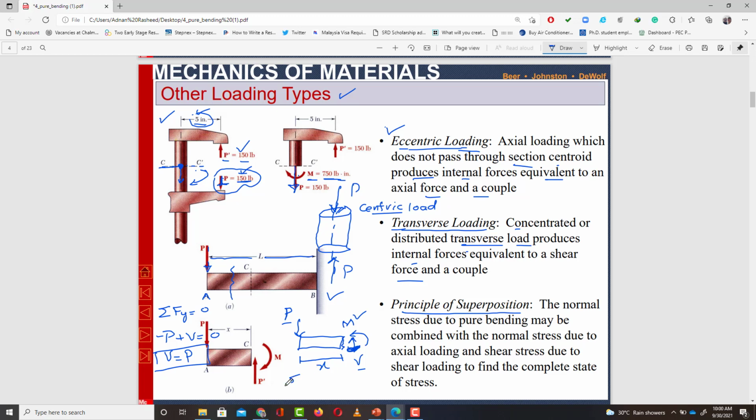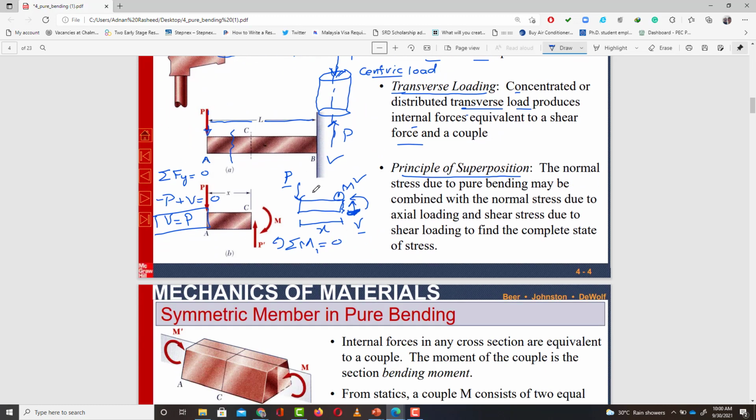Now what about the moment? We can also find the moment, whose sum must be equal to 0. Let this point be 1. So the moment about point 1 is equal to 0. The force P into perpendicular distance x is producing a counterclockwise moment, that will be equal to P into x, and this moment M is also counterclockwise, so Px plus M is equal to 0.